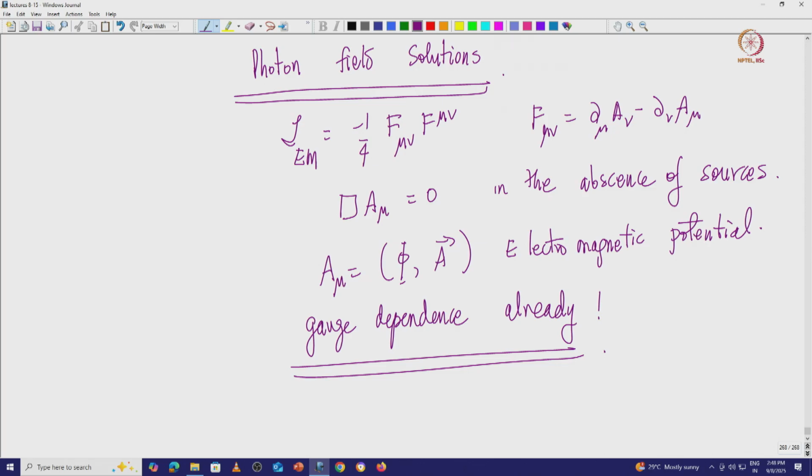What we want at the end of the day is that A mu has solutions in terms of some polarization vector epsilon mu of k, times e to the power i k x, essentially. Okay, this is the kind of solution we want, and the polarization vector is that, and that is the plane wave.